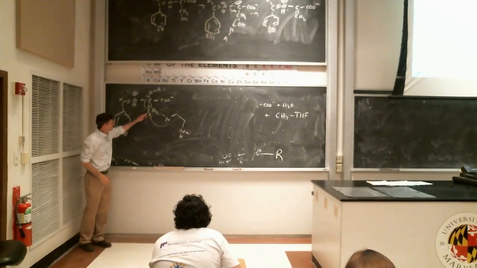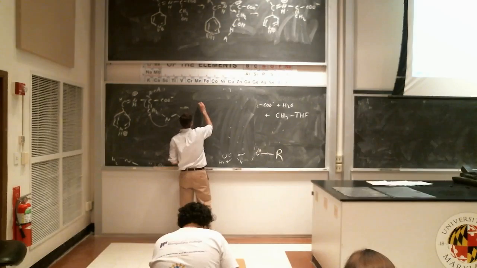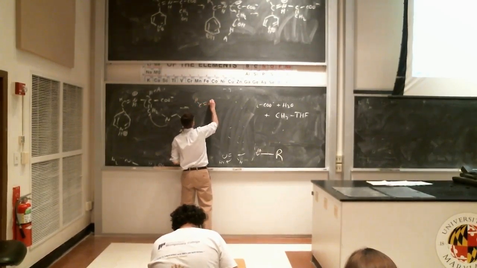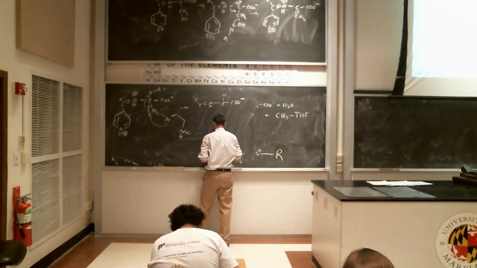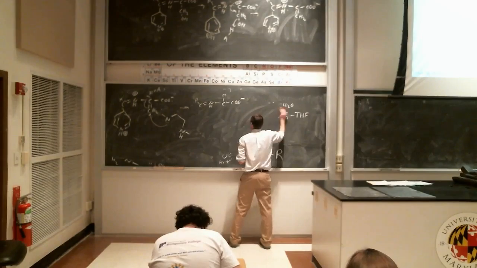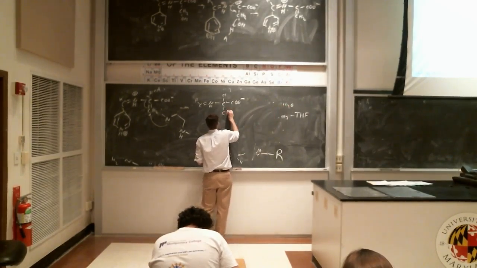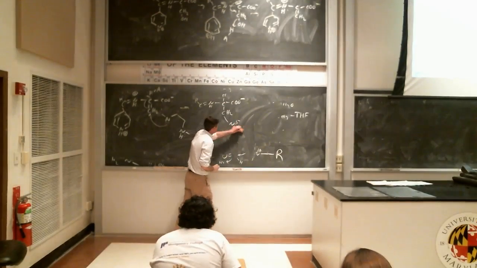So the nucleophile attacking this electrophile will protonate the carbon, and that will give us an intermediate where the CH2 is covalently bonded to N5.